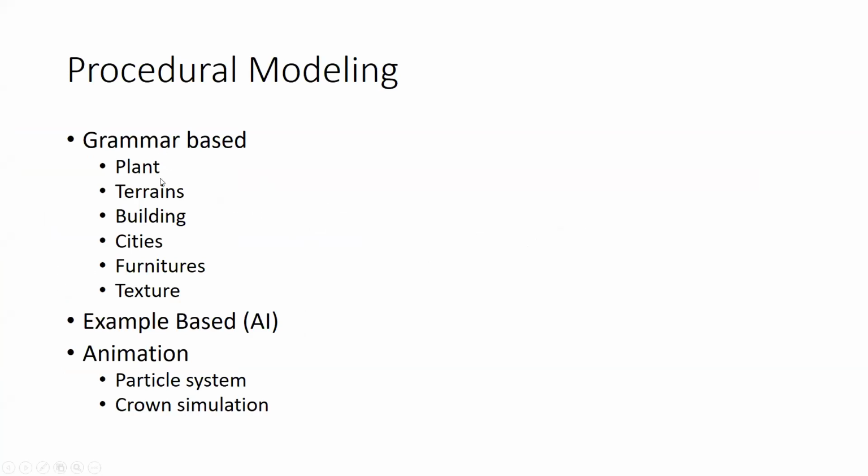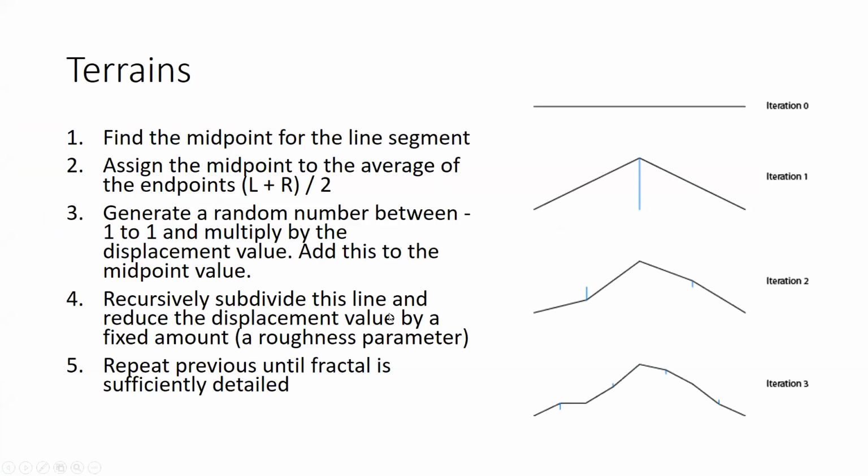For example, one of them is grammar-based. For grammar-based, I think we learned some fractals, which are plants, terrain, and other types. Terrains: if you remember my 3241, we talked about how you can generate fractal terrains by doing iterations. For example, a line that you raise to a point, and then you do fractals.